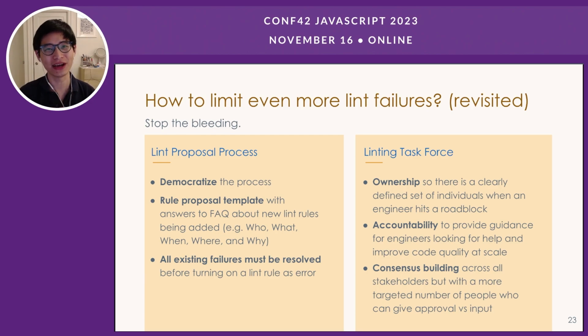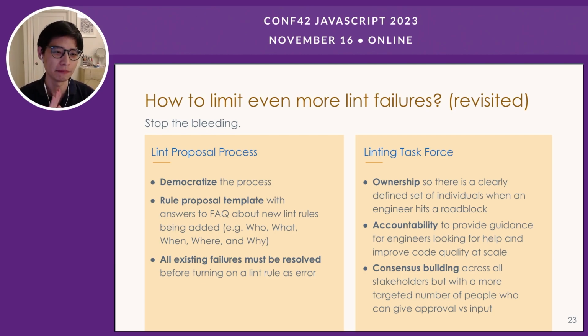The point of the task force is to have accountable engineers who will maintain this framework over time until we get to 0 lint failures, 0 warnings, etc. And the point of the lint proposal process was to make sure that when we add new rules, we don't add 1,000 more errors, which was another case where we would suddenly get a bunch of new failures because a new rule was enabled and someone didn't bother to do even a find replace or something like that, which really made it difficult to get to 0 lint failures.